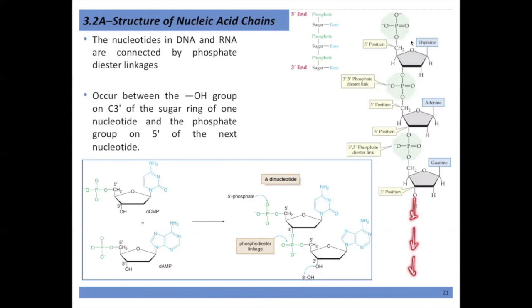So when you write out a strand or a string of these nucleotides, you tend to start with the 5' end first. And so if we were naming this, we would start with, and actually I forgot to mention that you should know the one-letter codes, but we would actually list this as TAG. So this trinucleotide here would be referred to as the TAG trinucleotide.